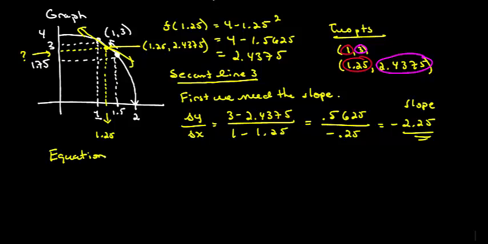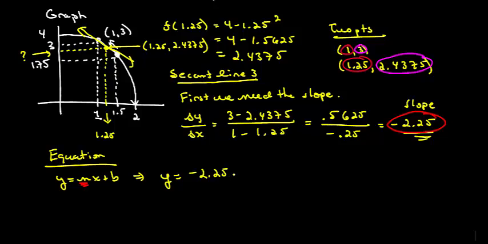But to get the whole equation, we need the b value. So we have y is equal to mx plus b. What do we know? Well, we know the slope, so we can just plug that in, because the slope stays constant along the line. So we've got y is equal to negative 2.25x plus b. We have the x and the y values. We can use either point we want. I'll use the top point here because it's easier to work with.